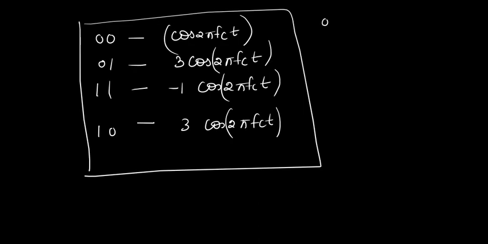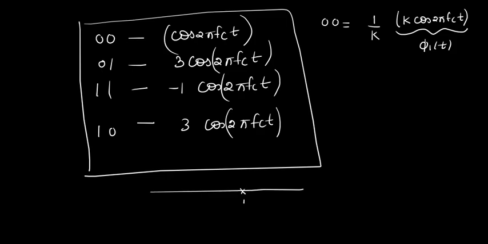So, what will it be? 0 0 will be... I just put a constant k which will normalize this, I call it phi 1 t. k is required so that we want its energy to be 1. So, 0 0 is mapped to 1 by k, 0 1 will be mapped to 3 by k.